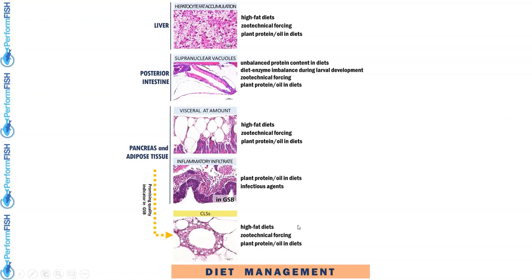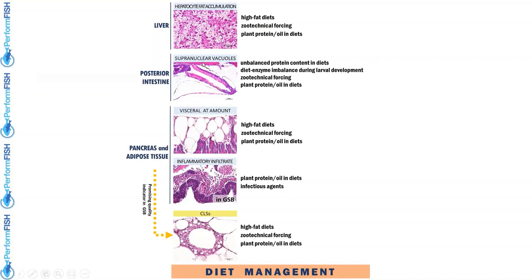or diet management. For example, the hepatocyte lipid accumulation may be related to zootechnical forcing, of course, but also to the kind of material or the diet, so the kind of diet.